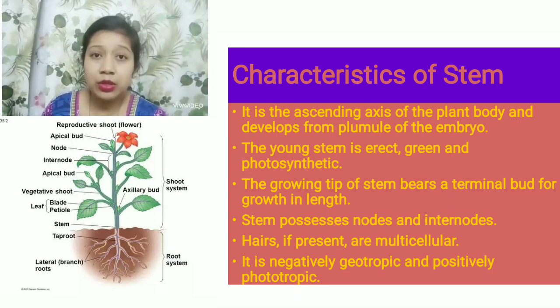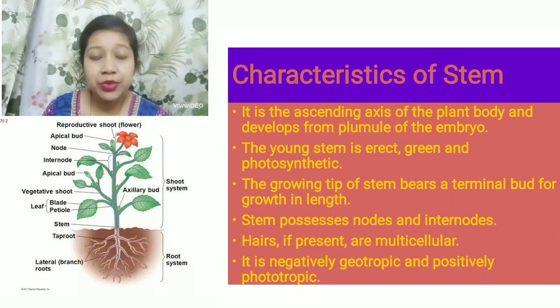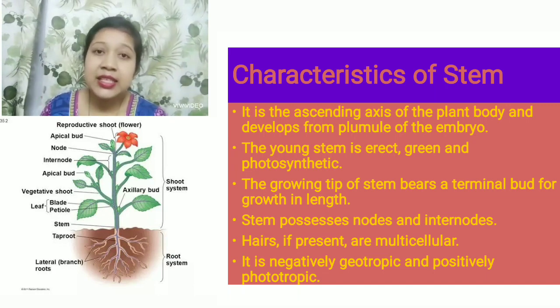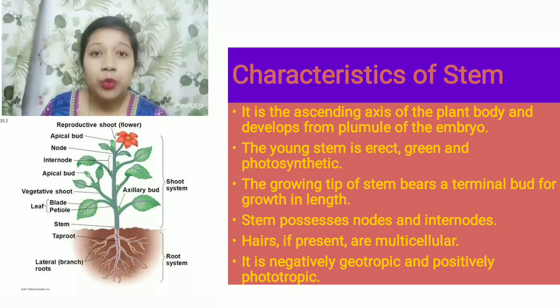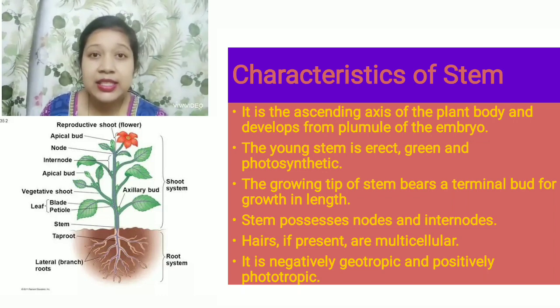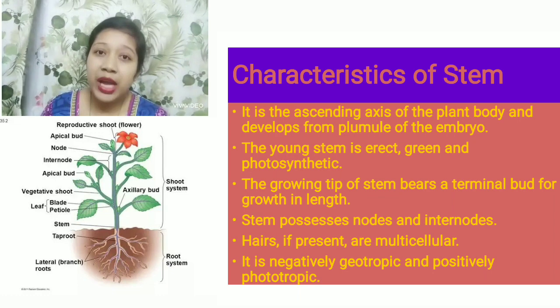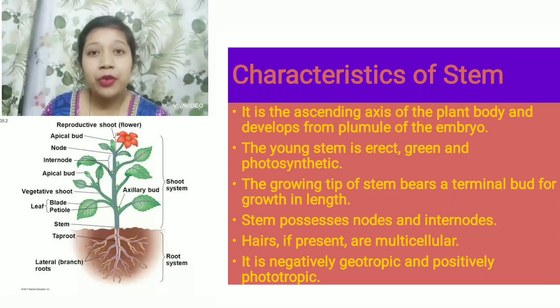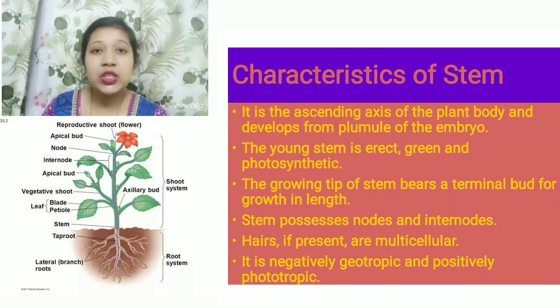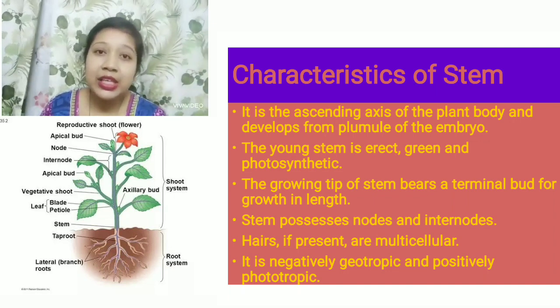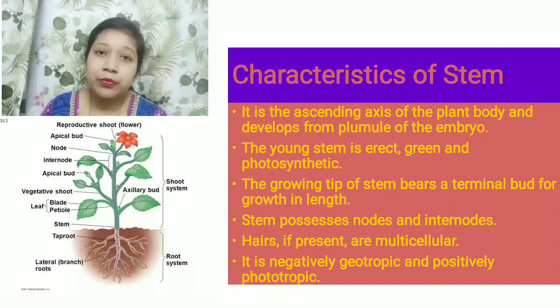It means that the roots go towards gravity and away from sunlight. But in the case of the stem, it goes towards sunlight. That means its movement of growth is generally towards light, and it goes away from gravity. That is why it is called positively phototropic and negatively geotropic. So that is another important point.